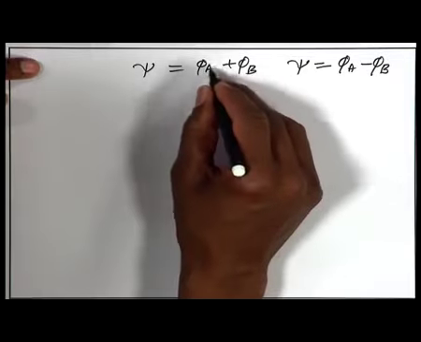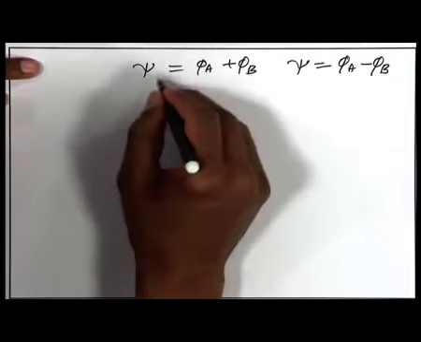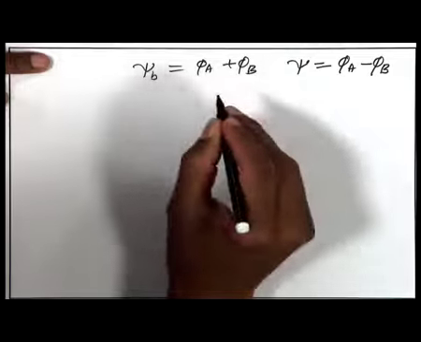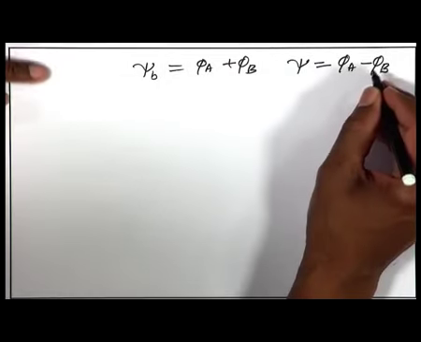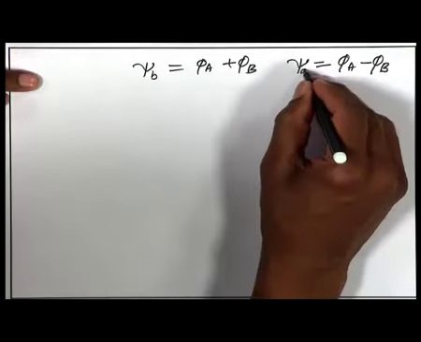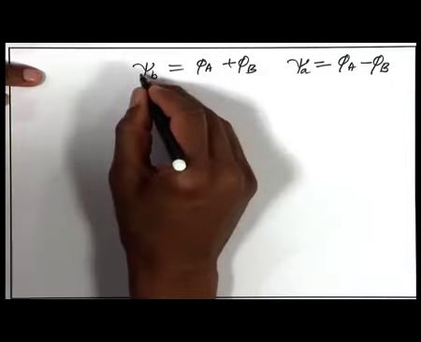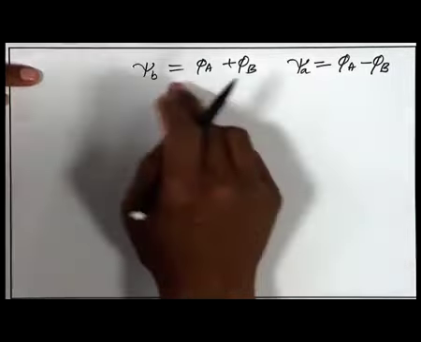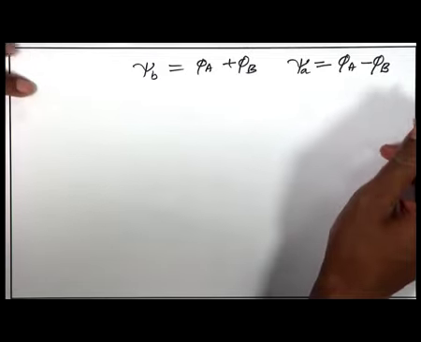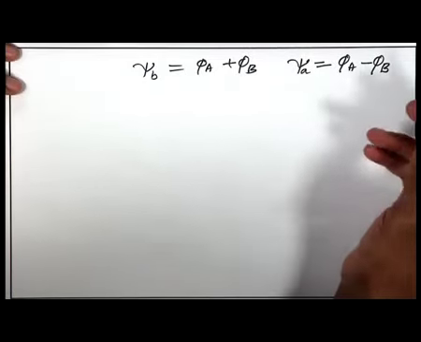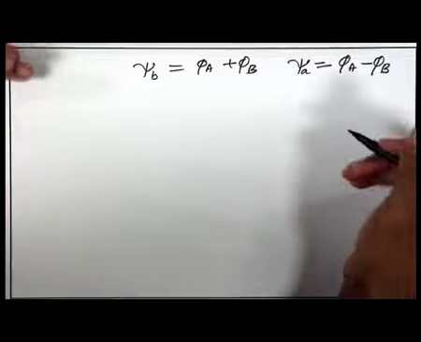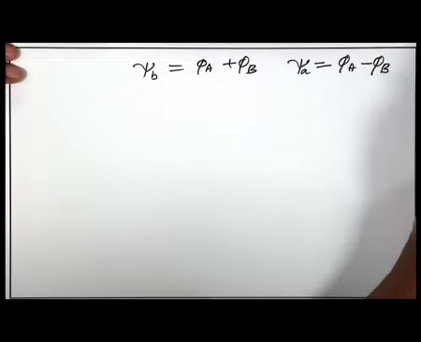When these two wave functions are added, it is called bonding. When these two wave functions are subtracted, it is called anti-bonding. We have to understand this clearly. Only then can you understand why one energy level is lower and why the other is higher in energy.